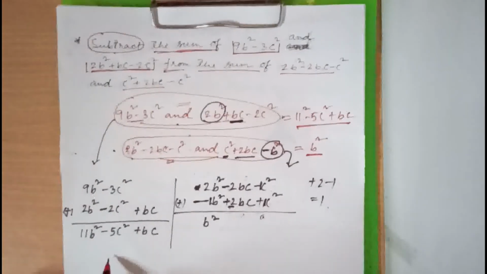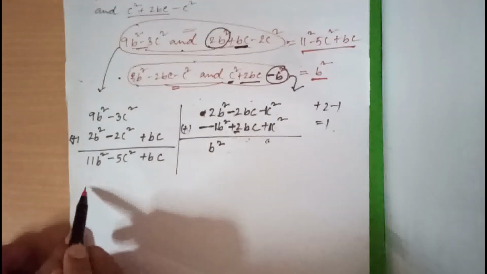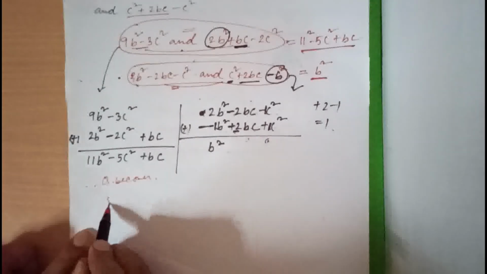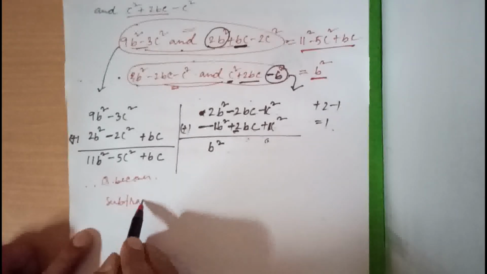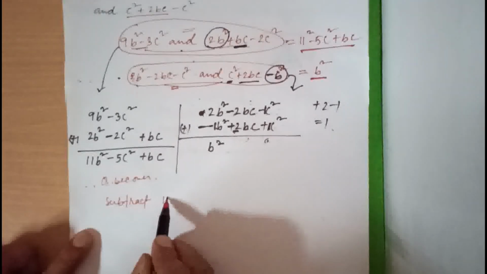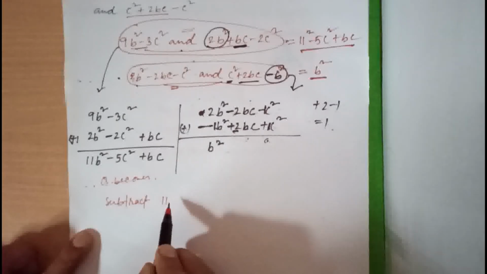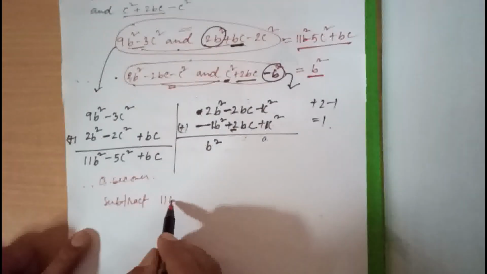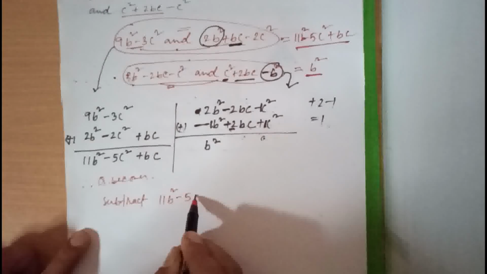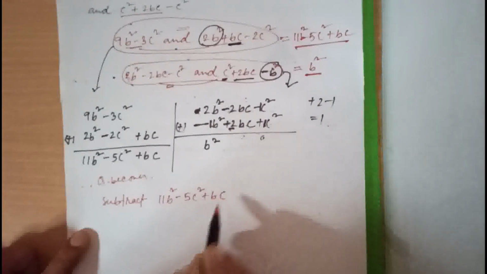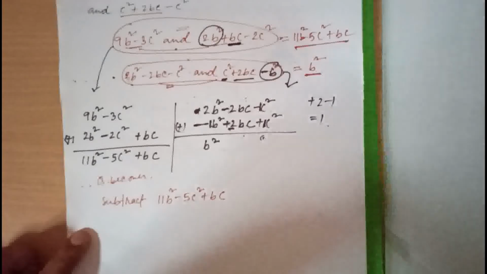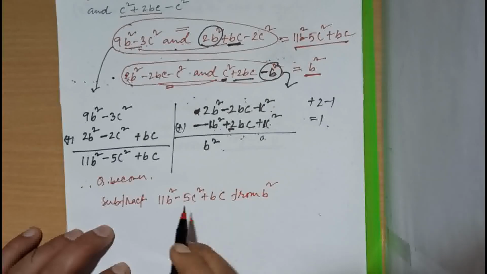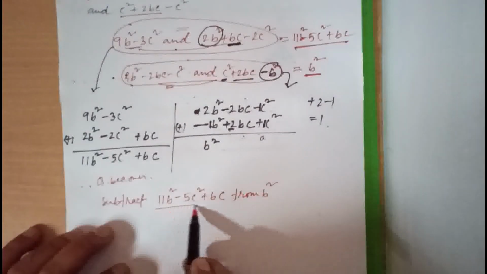That means the question now becomes: subtract 11b square minus 5c square plus bc from b square. Now the entire question becomes like this.